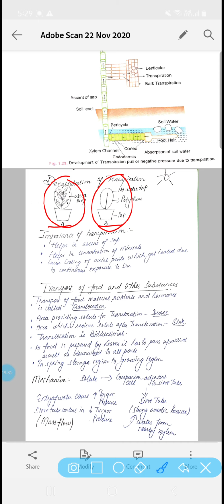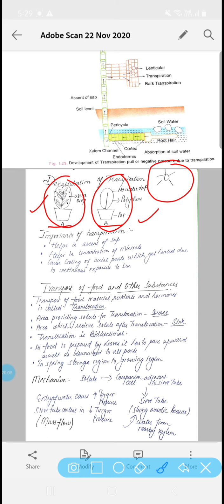When we keep these two pots in bright sunlight, what will happen? Transpiration takes place in the plant. The leaves will lose the extra amount of water through the stomata, and you will observe that in plant A there are water droplets in the polythene. The water droplets get accumulated in the polythene.